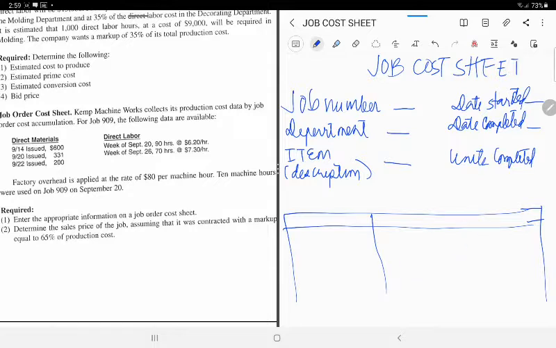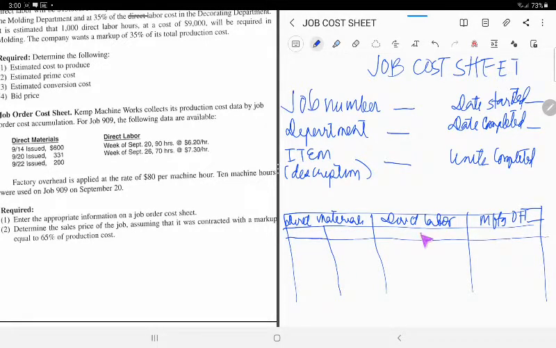Normally it will be divided into 3. We have the direct materials, the direct labor, and the factory overhead or the manufacturing overhead. Spelled out. Your direct materials will have the requisition number, because that's what you use, right?